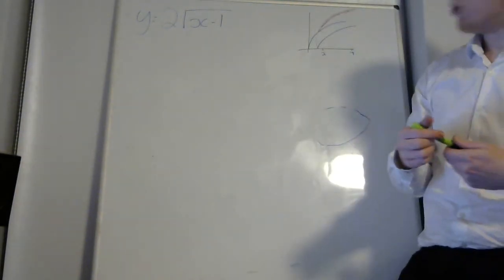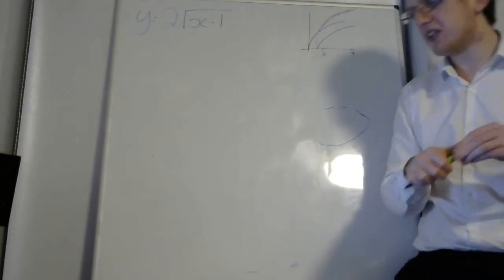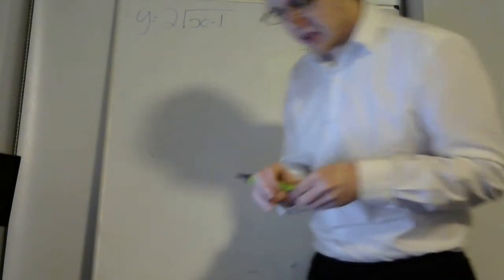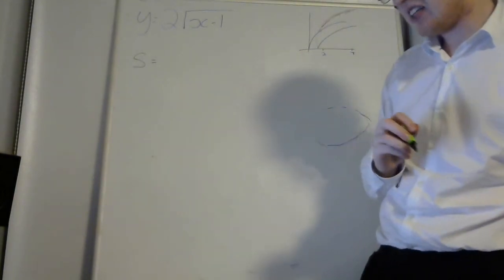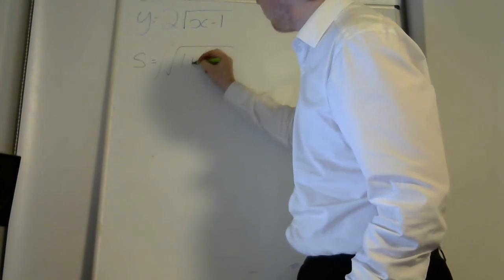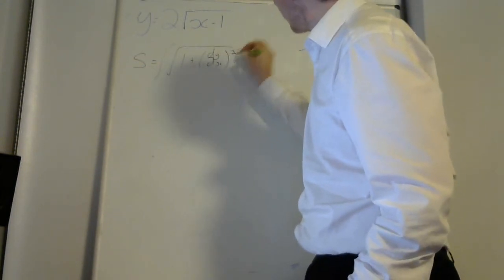Using Cartesian coordinates like we are, we've got y and x. So the arc length, S, equals the integral of the square root of 1 plus dy by dx squared.